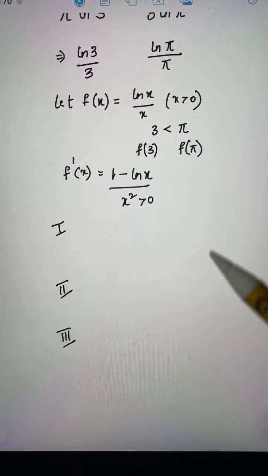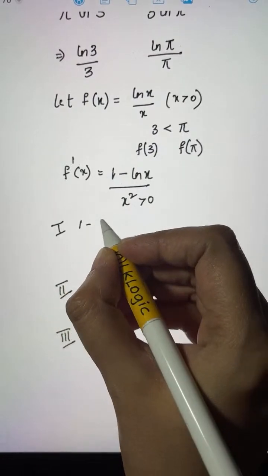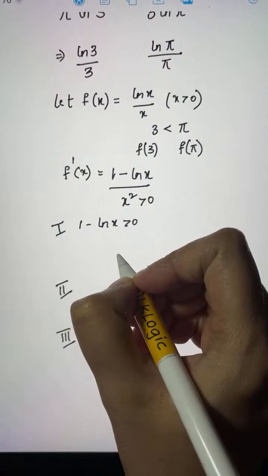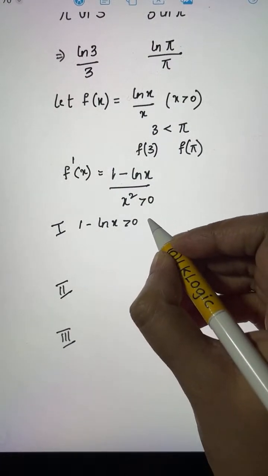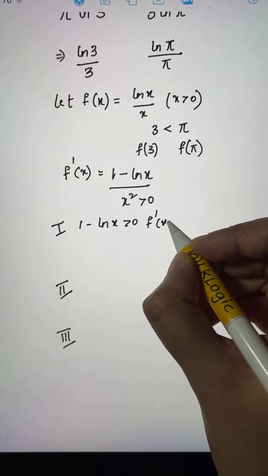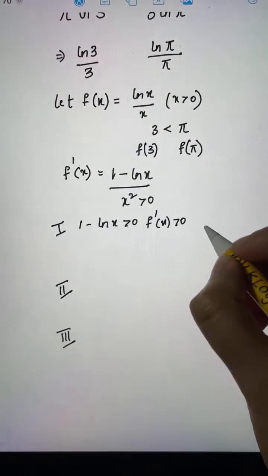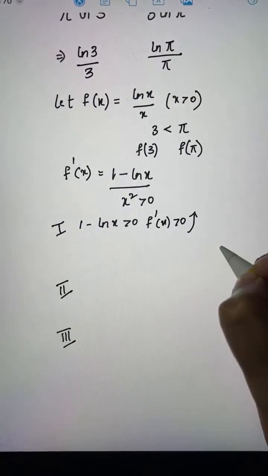The first condition is 1 minus natural log of x is greater than 0. That means f prime of x is greater than 0, so your function is increasing.